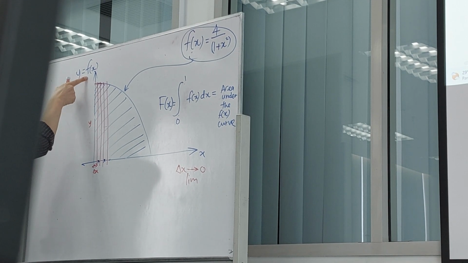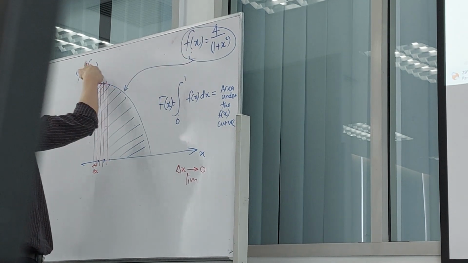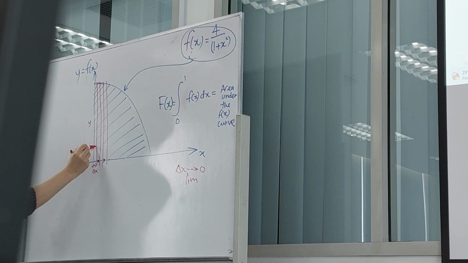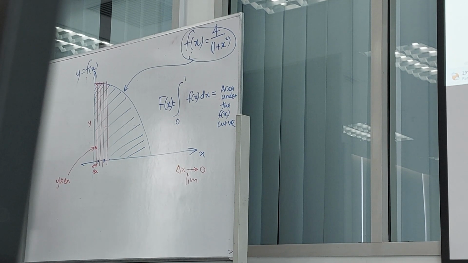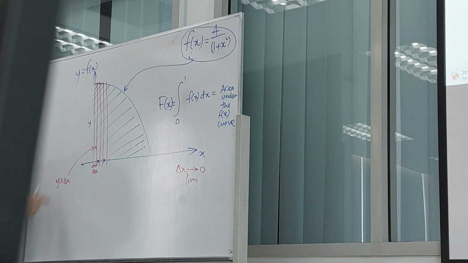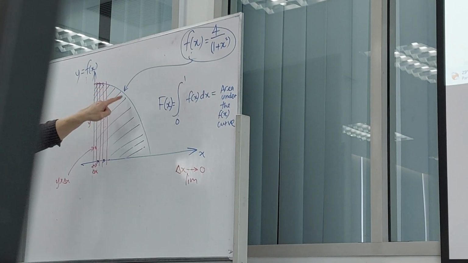The y is this f(x) that we found. You put the x inside there, you find the y, you take the y, you multiply by it, and you get the area of this square. Right? And you repeat this for all of them. And then you sum them up together, what do you get? Basically you get the area underneath. It's just a rough estimation because you got some error there.